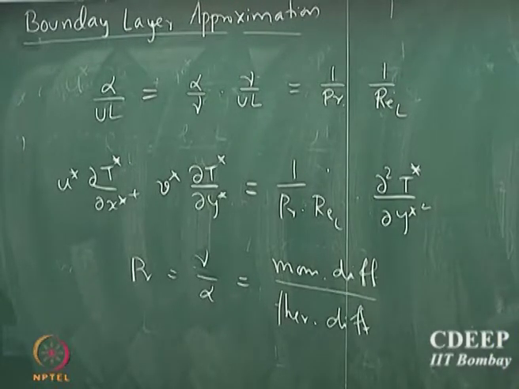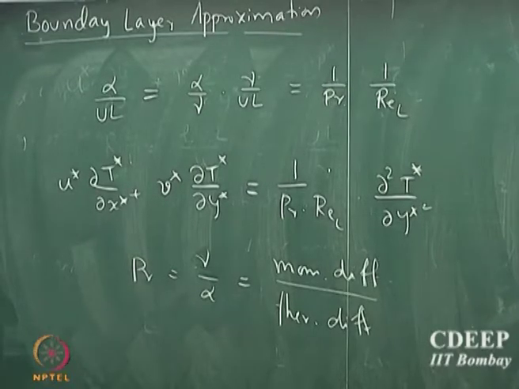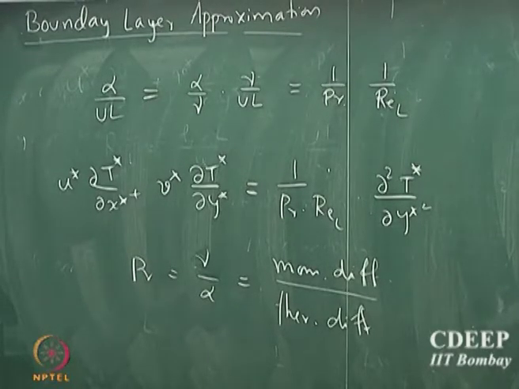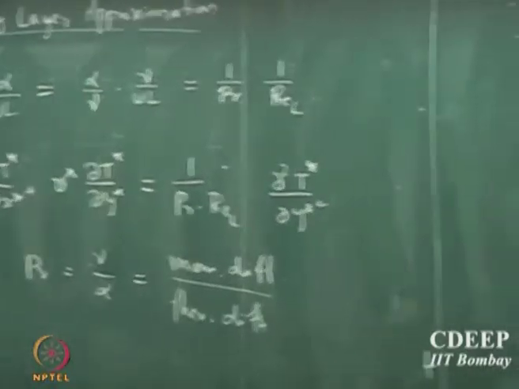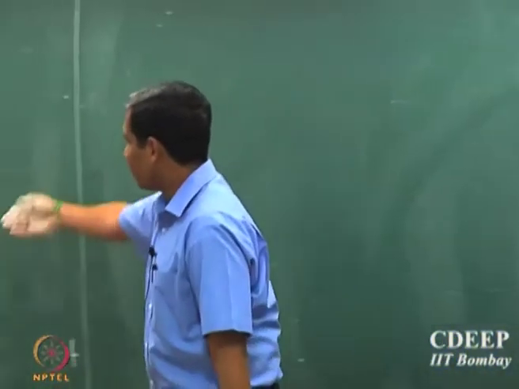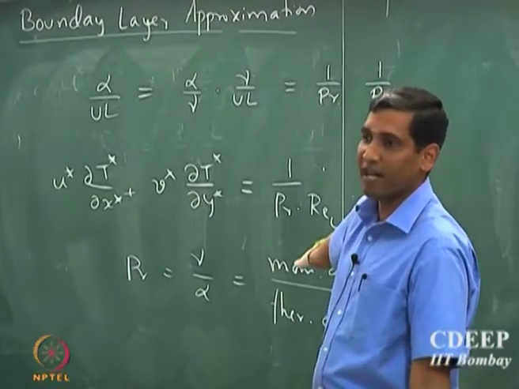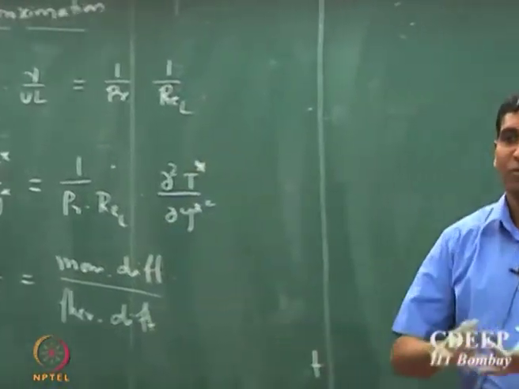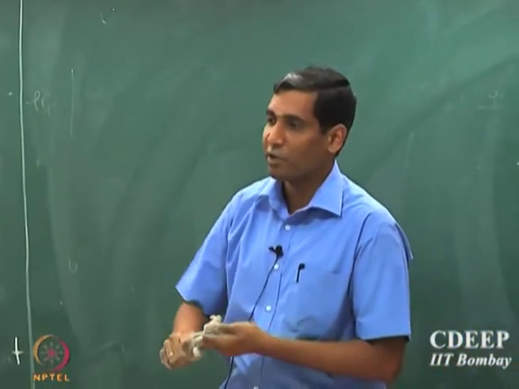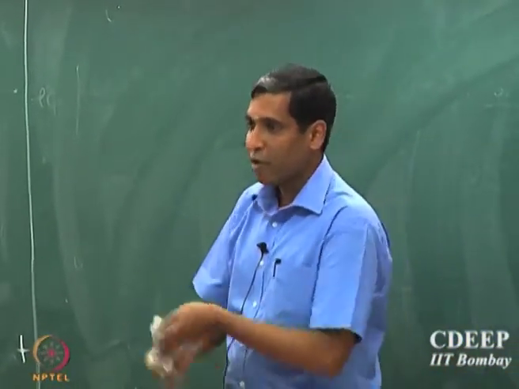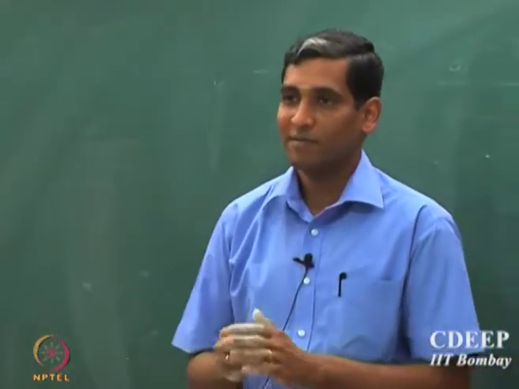What will be the mass balance? Non-dimensional form. Can we guess? I want to do the same non-dimensionalization for mass balance also, right? You've done it for the x and y component momentum balance, you've done it for the energy balance, I want to do it for mass balance also.